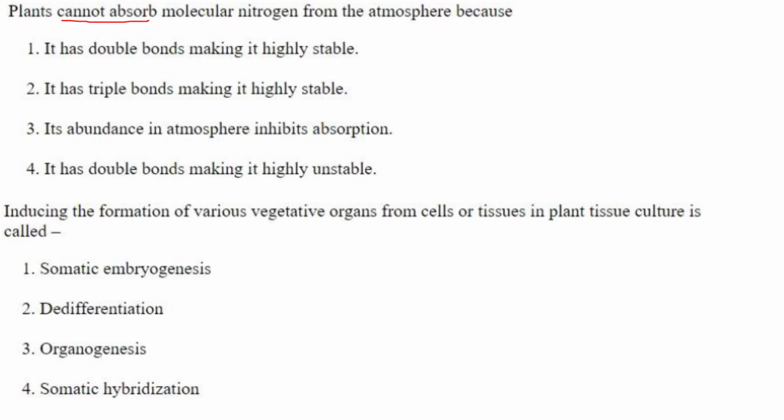And plants usually lack the enzymes required for breaking this triple covalent bond, so they cannot utilize nitrogen directly from the atmosphere. It has a triple bond, making it highly stable.